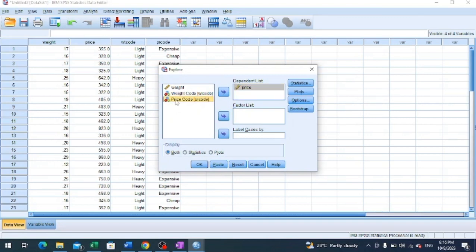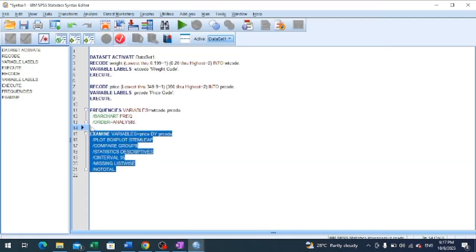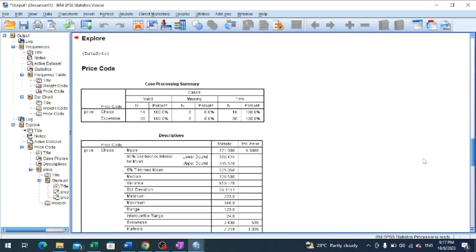Since this is a qualitative variable, we always take the qualitative variable as the factor list variable. This is how we do it. Now we can click paste, and this is how we can do it.